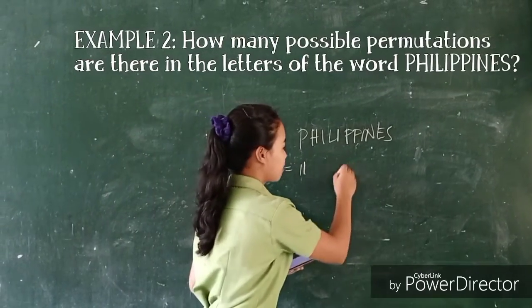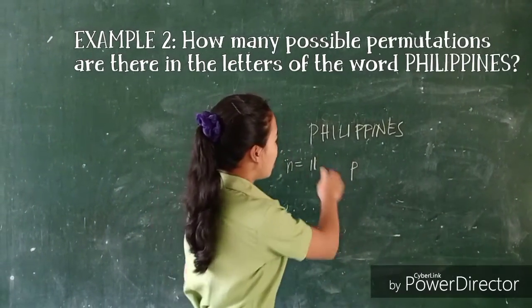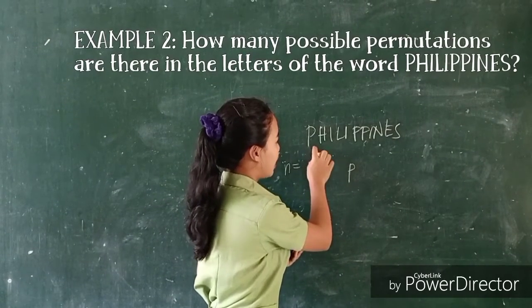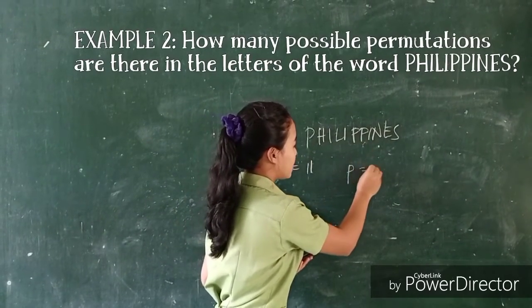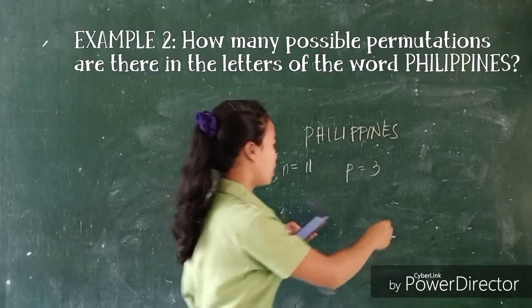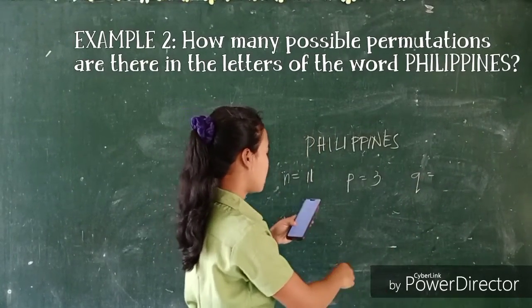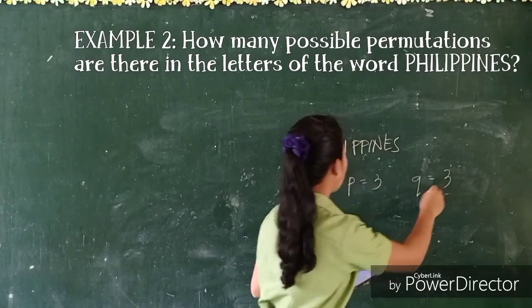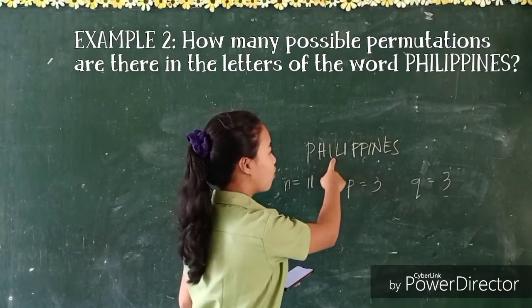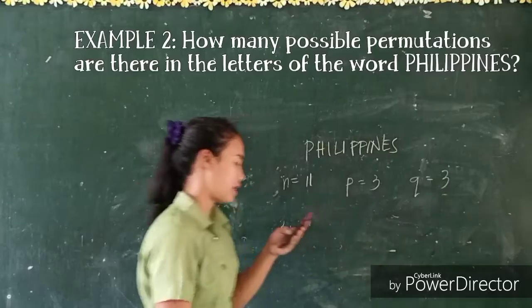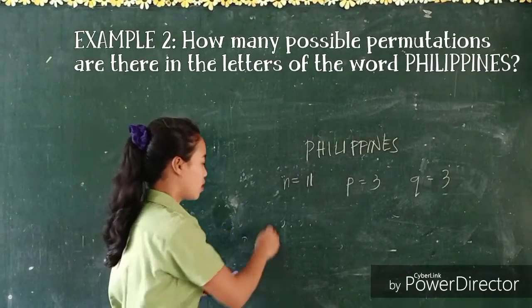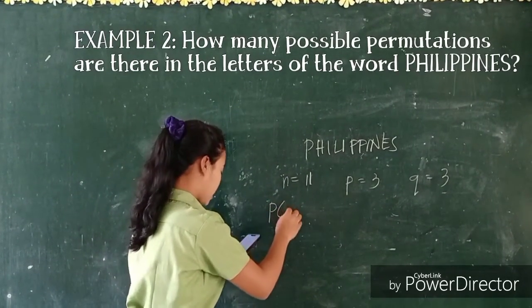So, our P is, we have P are alike, 1, 2, 3. We have P is 3. And our Q is 3 also. For our I, 1, 2, 3. We have 3 I's. So, substitute to our formula.